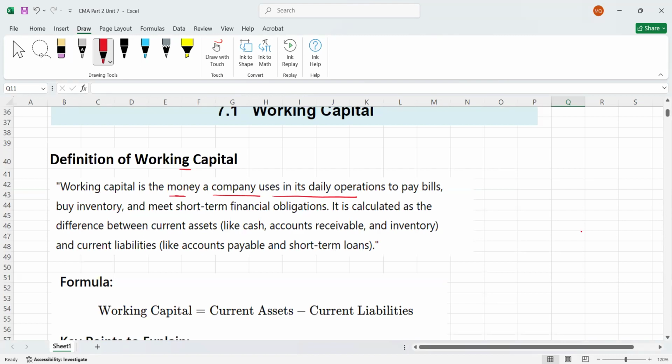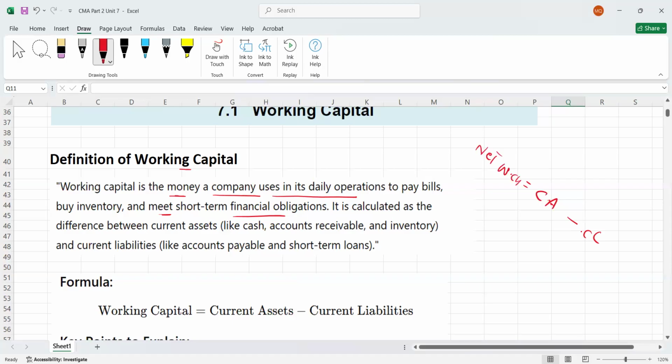Whatever money we use in our daily operations, and we also need to meet short-term financial obligations, so we need funds for that. Technically, when we calculate working capital, we calculate it as the difference between current assets and current liabilities. This is called net working capital, or working capital.